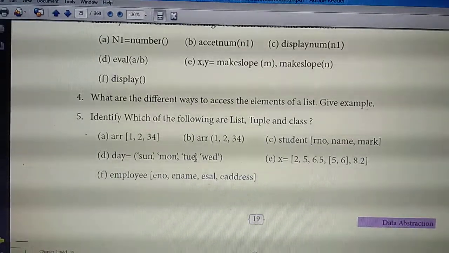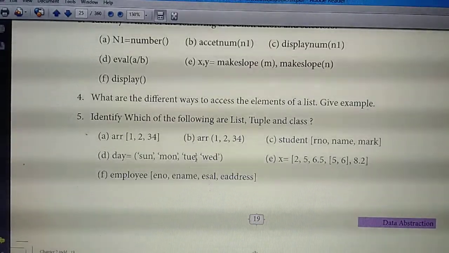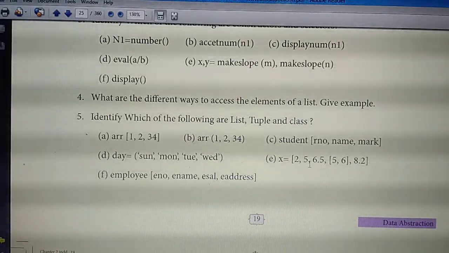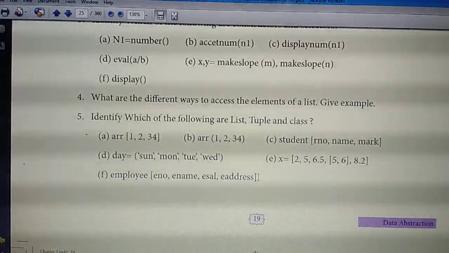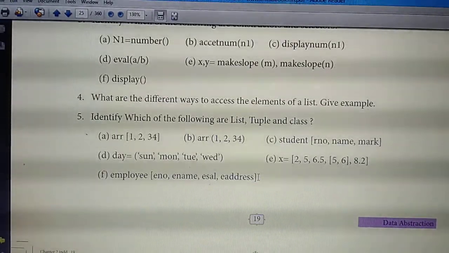The answer for D is tuple, T-U-P-L-E. Answer for E is list. Answer for F is class.